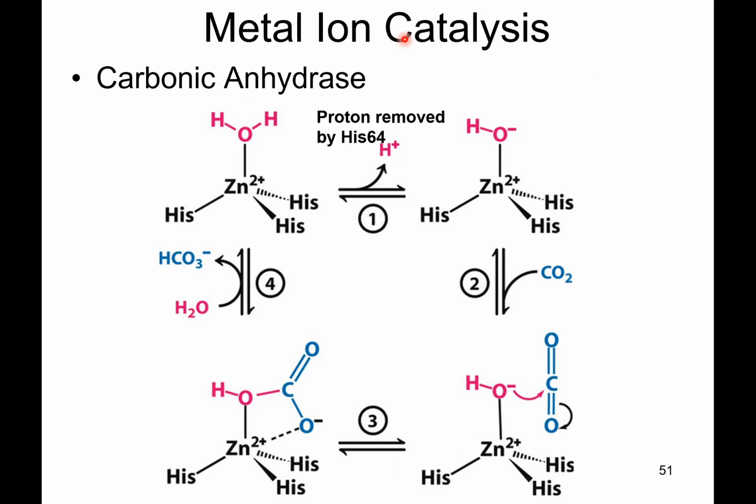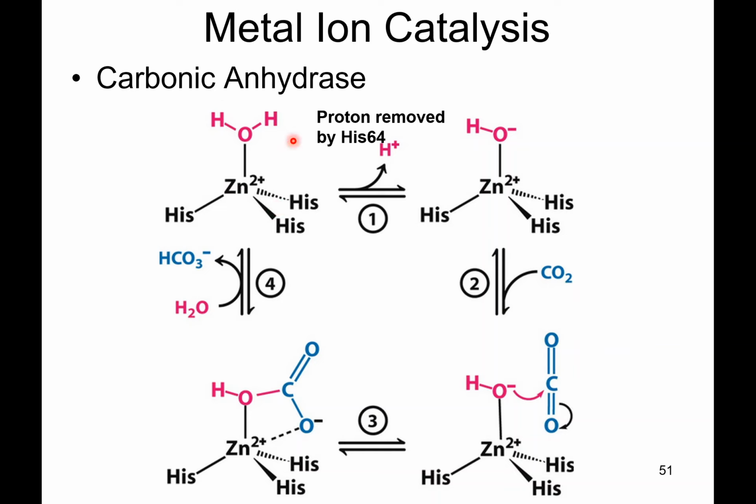Right. Metal ion catalysis, our enzyme carbonic anhydrase is an example of one of these. In the active site, we have three histidine residues bound to a zinc. And at the other coordination site on the zinc, a water molecule is bound.